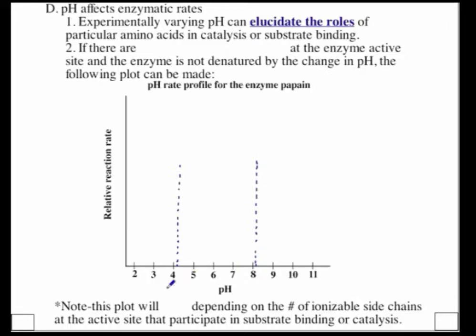And if you vary the pH experimentally around these values of pKa, what you see in terms of relative reaction rate or enzyme activity is that below a pH of 4.2, the enzyme activity is fairly low.